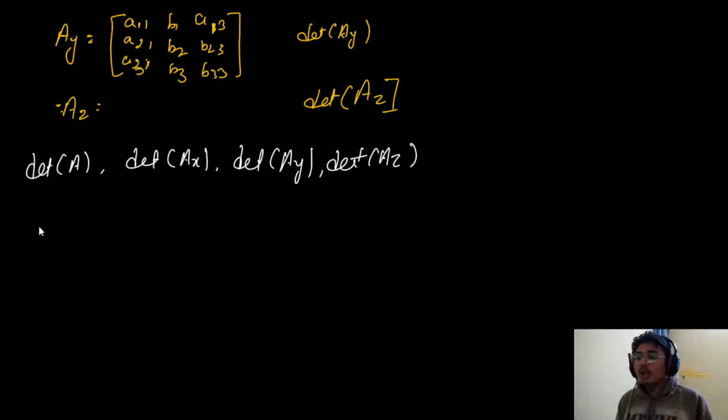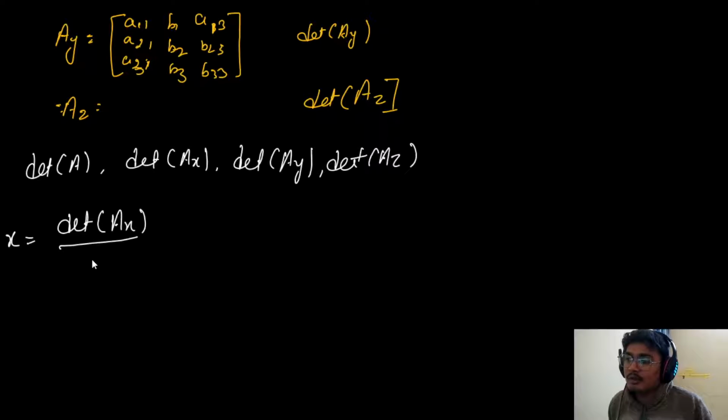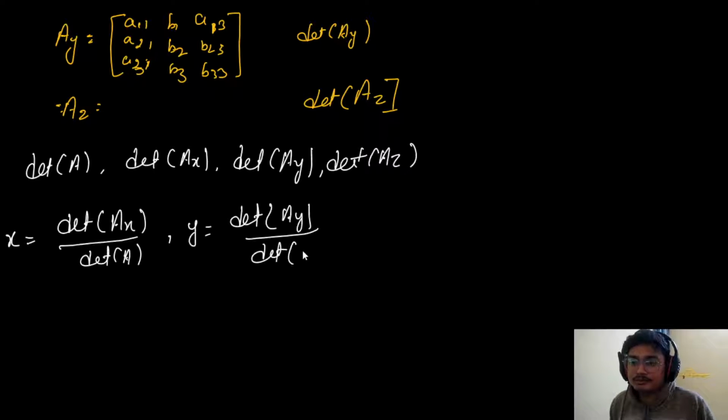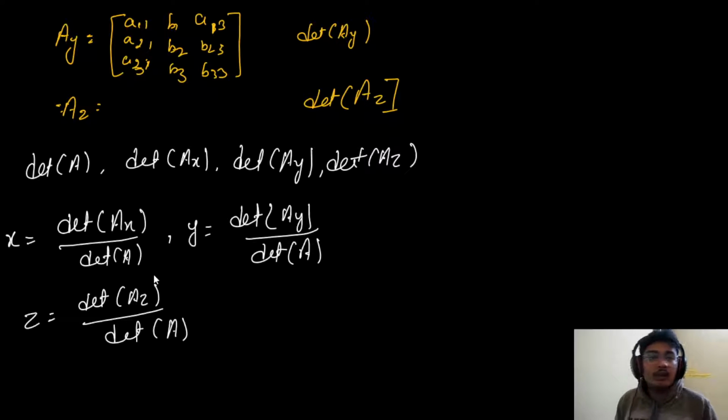Our solutions will be: x equals determinant of AX upon determinant of A. Same for y: y equals determinant of AY upon determinant of A. And for z, we will have determinant of AZ upon determinant of A. So we will get three solutions, x, y, and z, for the system of linear equations.